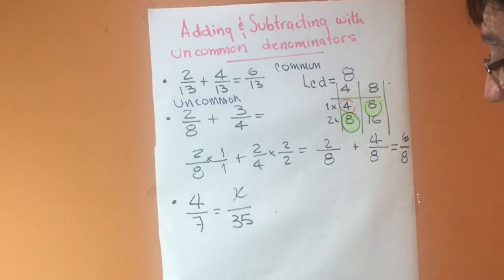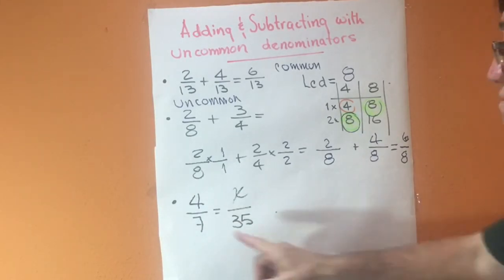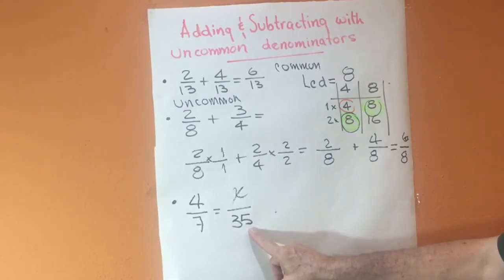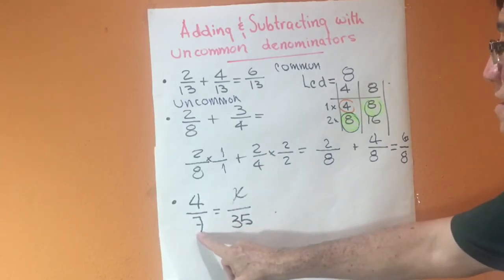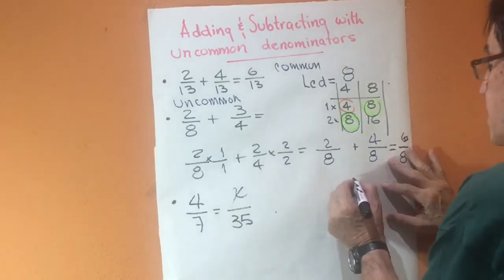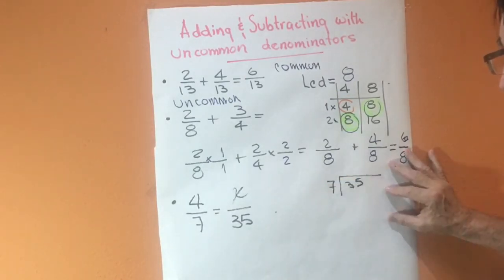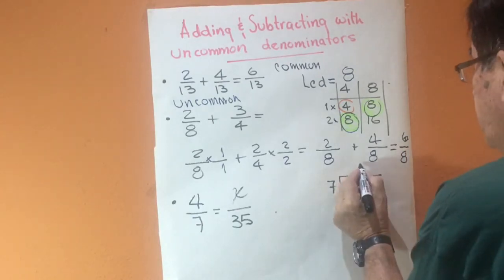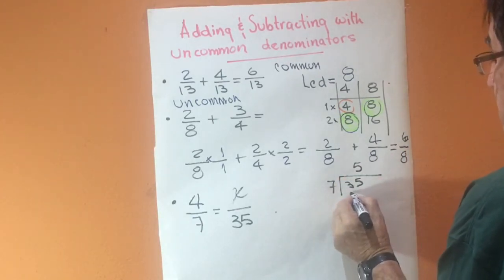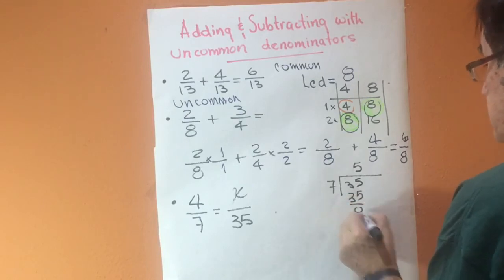Well, which is the factor that is going to give me 35? What happens if I divide 35 by 7? Well, 5 times 7 equals 35. So this is 0.